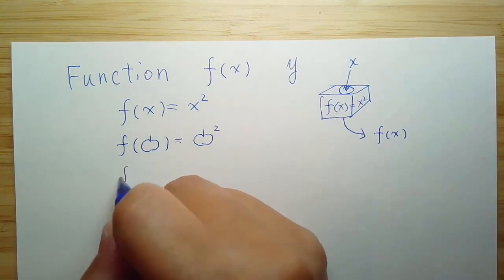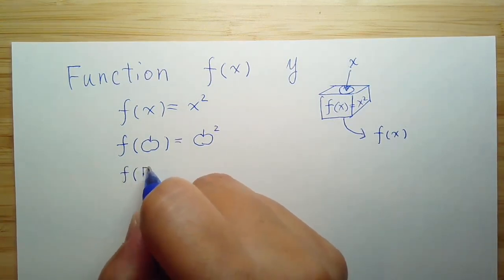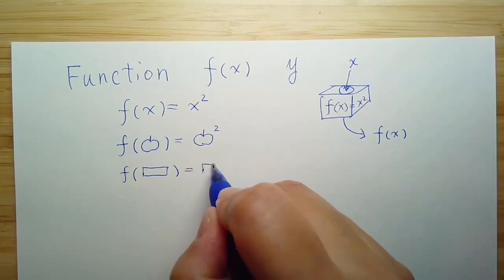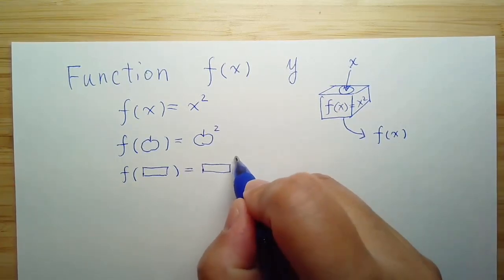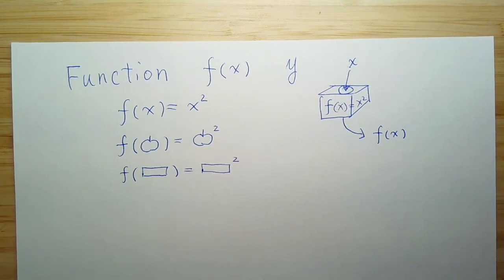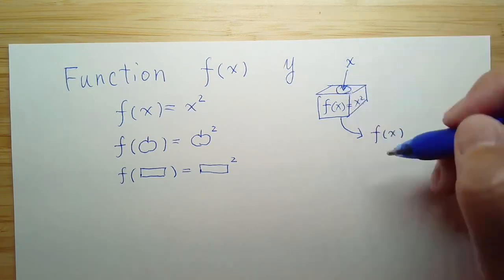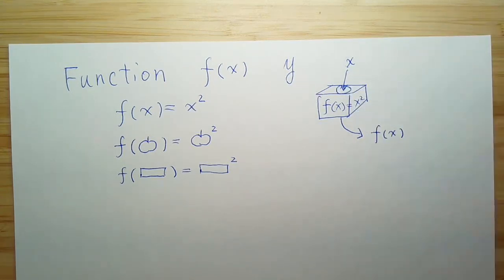Whatever comes out is going to be this square. So this is the nature of the function. A function is like a transformer. So you're getting x and it came out as f of x. So input, output, input, output. That's how this function magic box works.